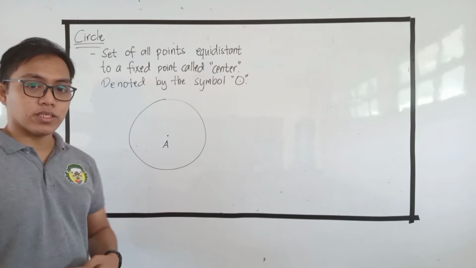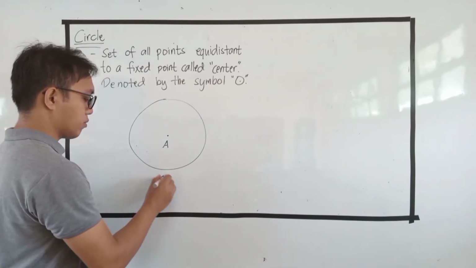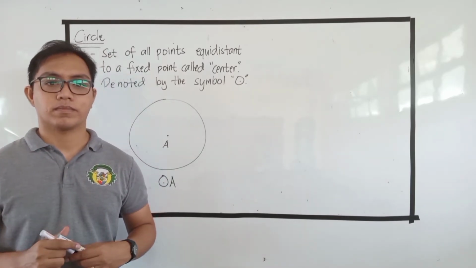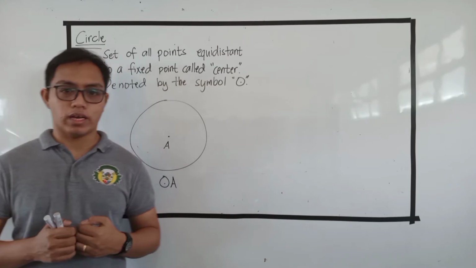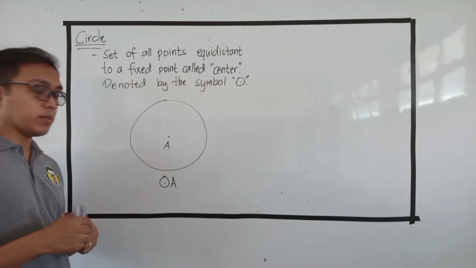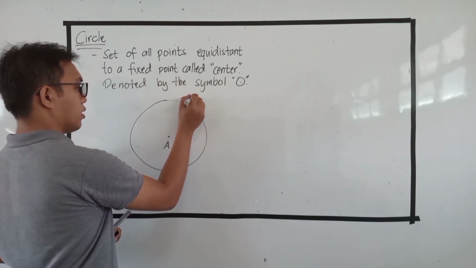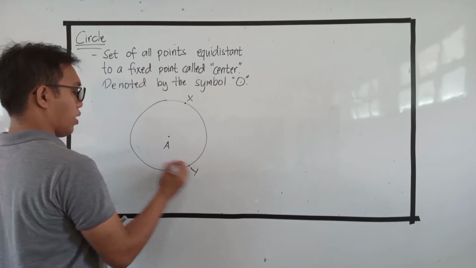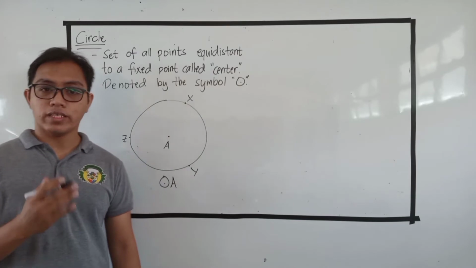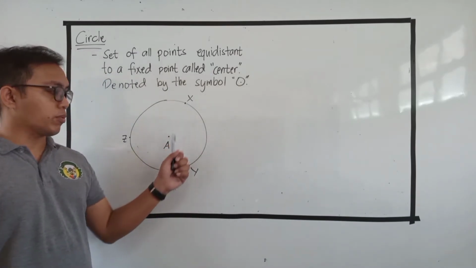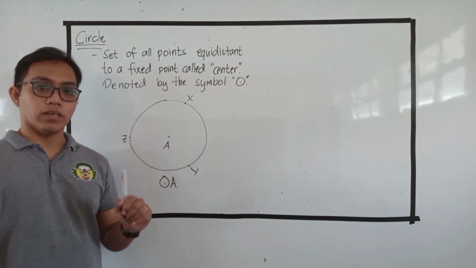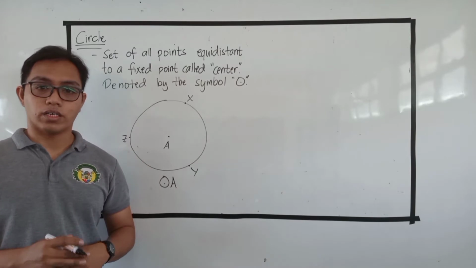Therefore, the name of this circle is circle A. Now, if we have identified points on the circle, for example, point X, Y, and Z, we can say that from point X going to point A, point Y going to point A, their distances are equal.